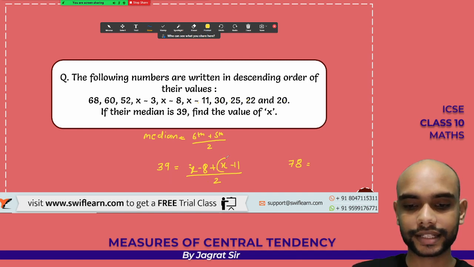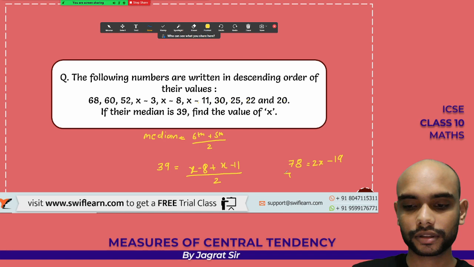Now this x and this x will add up, so this will give you a 2x, right? Right or not? Now minus 11 minus 8, that will be minus 19.